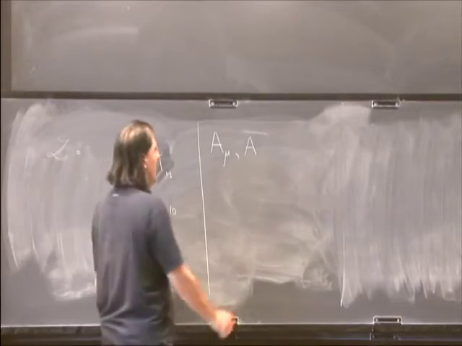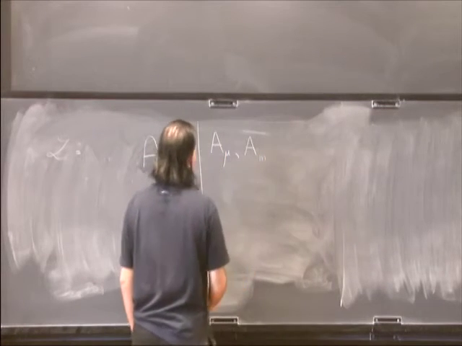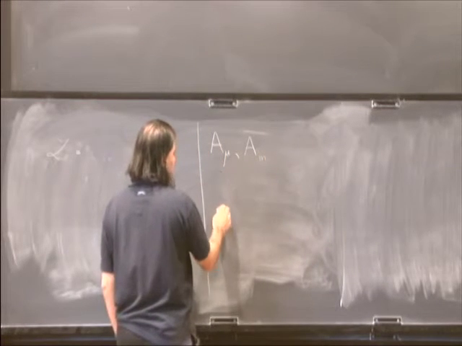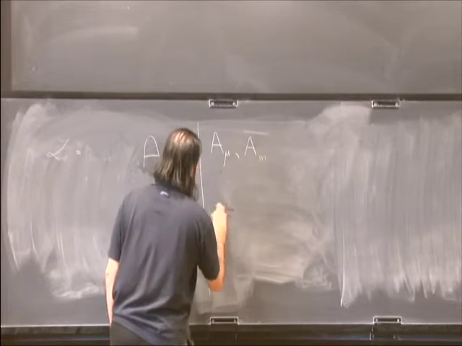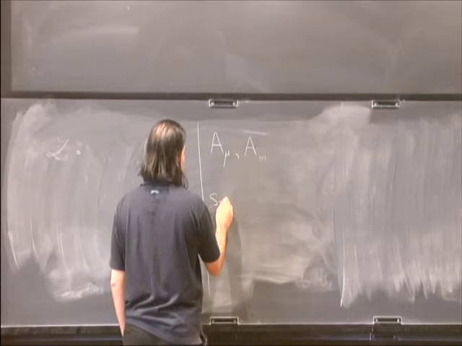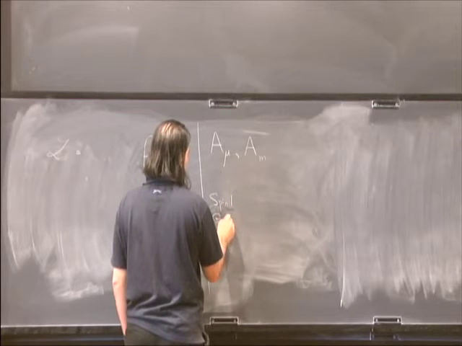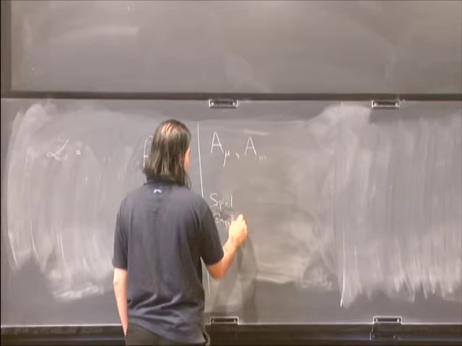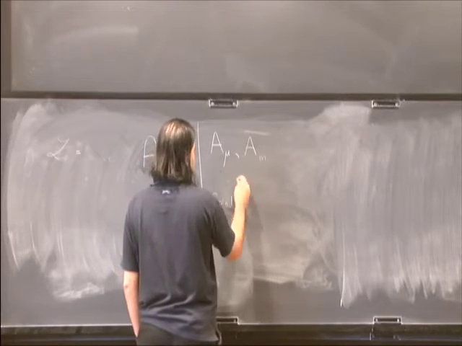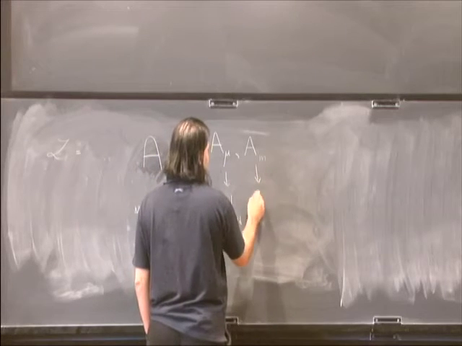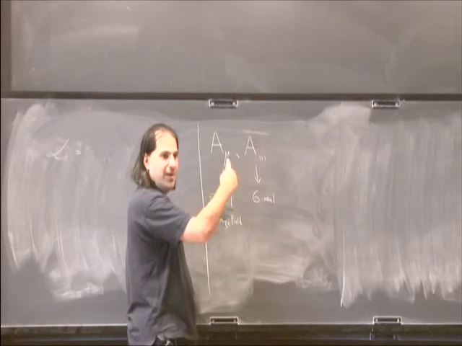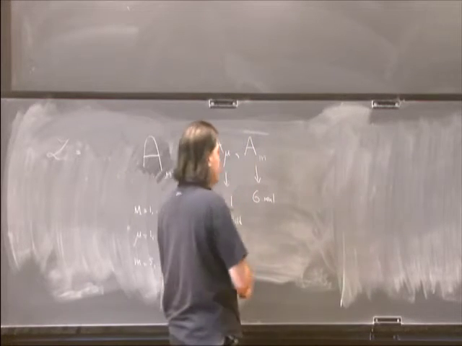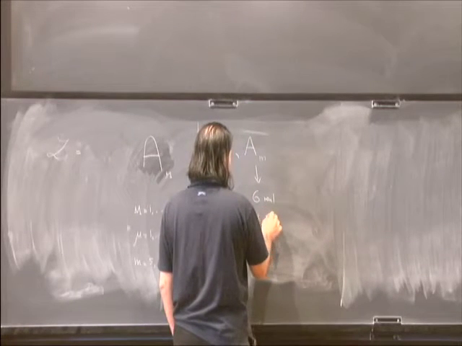So A_mu is a 4-dimensional gauge field, a spin 1 particle in 4 dimensions. The A_m are 6 real scalar fields from the 4-dimensional point of view. They were part of a vector in 10 dimensions.